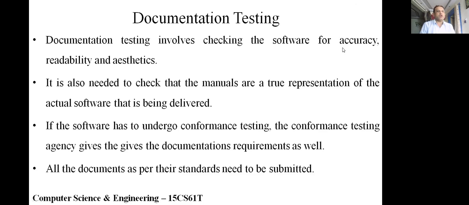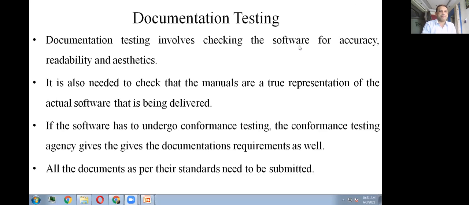It also needs to be checked that the manuals are a true representation of the actual software that is being delivered. Whatever manuals you have given, you need to check whether they are related to your software or not. Sometimes what happens is that you may test a particular document and it may be right, but while printing, you may print some other document.